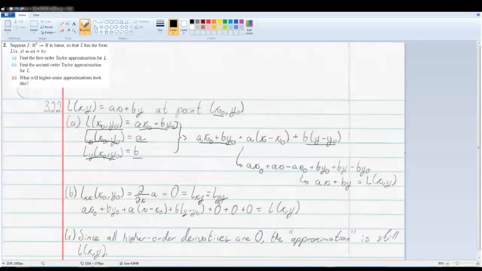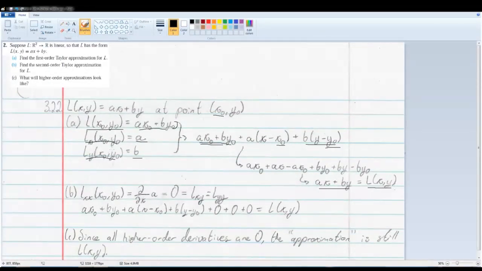And simplifying that, you can actually see that these two will actually cancel out with this and this. And so what you get is the linear approximation for a linear function is the linear function, because there's no point in approximating it when it's already linear.